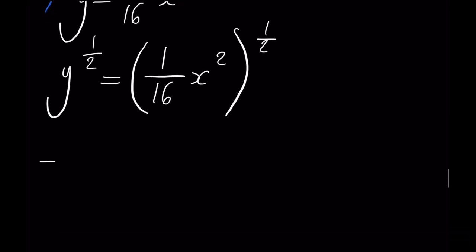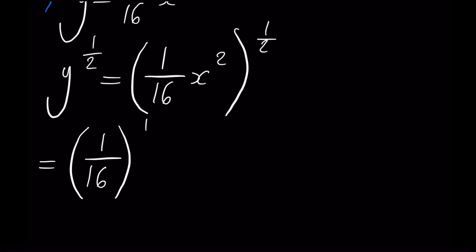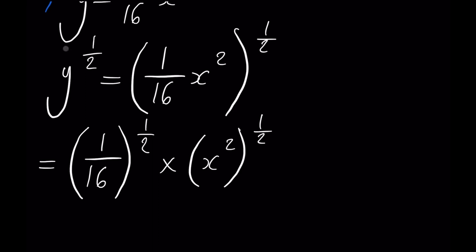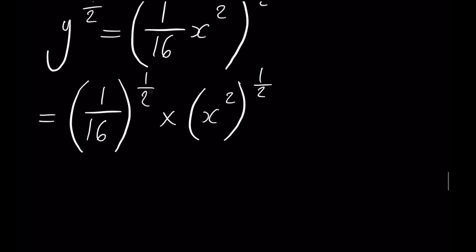And again, using one of the index laws we looked at earlier, we get 1 over 16 all raised to the power 1/2 times x squared all raised to the power 1/2, because we raise all the contents inside the bracket to the power 1/2, obviously if they're multiplying.